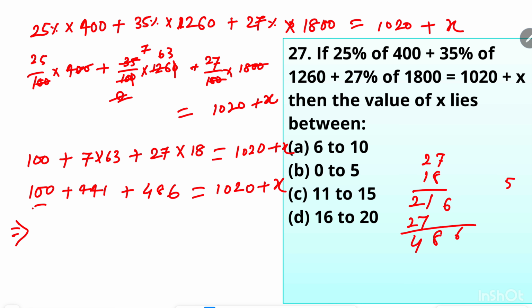Further if you add 100 and 441, 541, and then 541 plus 486, how much will it give? 1027. This will be your answer, right? Did we add properly? Yeah.